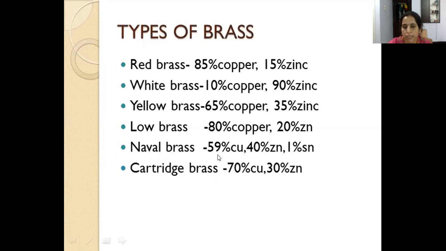It performs well in water. The next variety of brass is cartridge brass, which consists of 70% copper and 30% zinc. It is used for cartridges. So these are the various types of brass. Due to the variation in composition, we can get different types of brass according to our requirement.